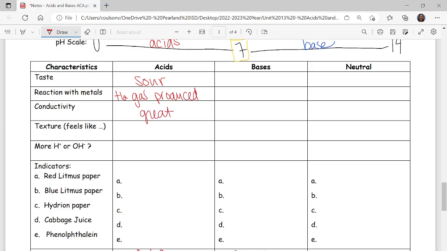And then the texture of an acid, what it feels like when you actually touch it, is just water. So you're not going to be able to tell that something is an acid generally by touching it. If you had to guess, would an acid have more hydrogen ions or hydroxide ions, based on the definitions we've learned so far? An acid is going to have more hydrogen ions.